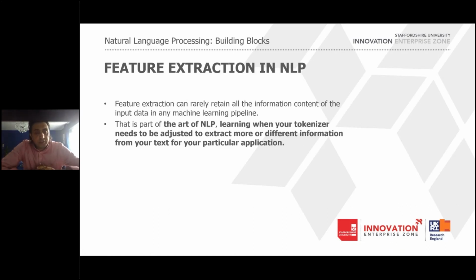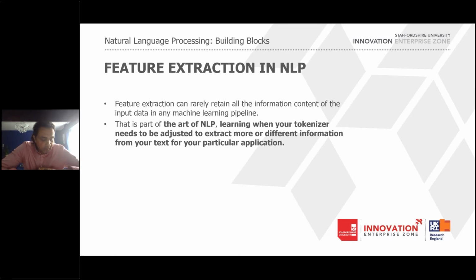Like any machine learning algorithm, we need to perform what we call feature extraction. Before you introduce your data to the machine learning model, you need to extract some features. Feature extraction can rarely retain all the information content of the input data in any machine learning pipeline.